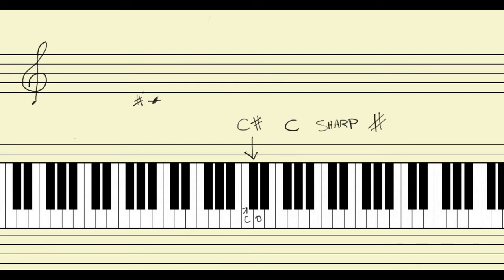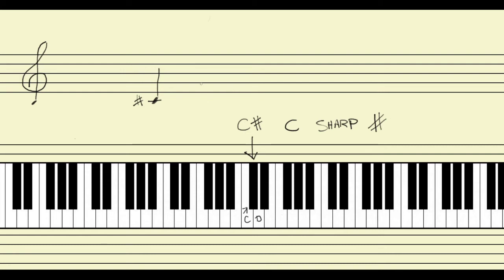And that's going to tell me that I'm going to play C sharp, the black key that is 1/2 step above C. Now, if I were to be really precise about my definition of the sharp symbol, what the sharp symbol really means is play the note that is 1/2 step above the note that I've written. Usually that's going to put us on a black key.